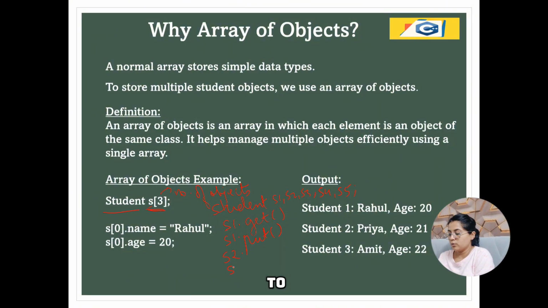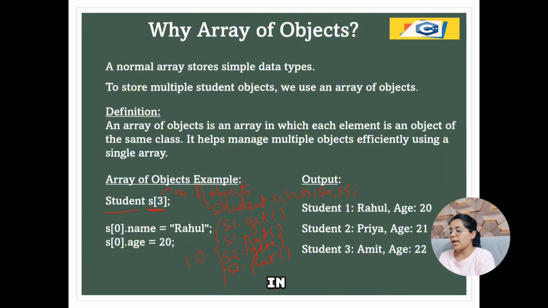Same for S2, get data and put data. So I need to call get data and put data member functions for all 5 objects, so the number of statements will be 10. Instead of writing this lengthy code, writing the 10 statements again and again, we will replace this with the concept called array of objects.